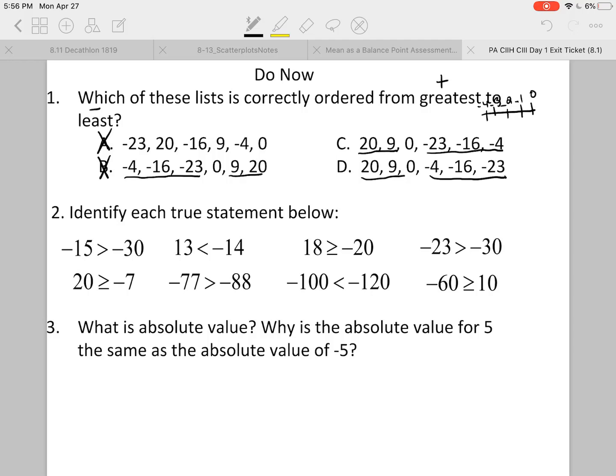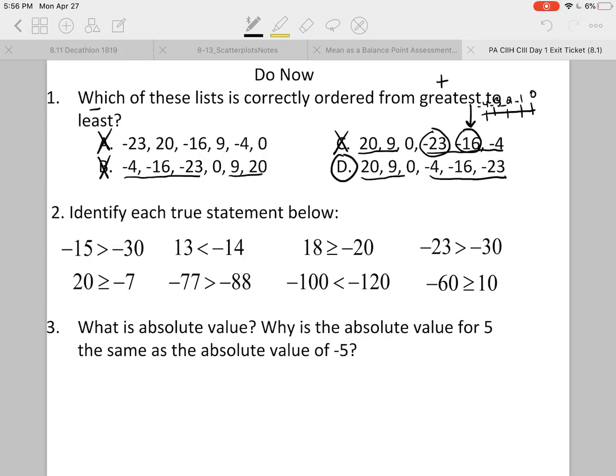In C, it is saying that -23 is greater than -16. Negative is like owing somebody money. Is it greater to owe somebody $23, or is it greater to owe someone $16? It is greater to owe someone $16 because once you pay that debt, you will have more money more quickly. So C is incorrect, leaving us with D.